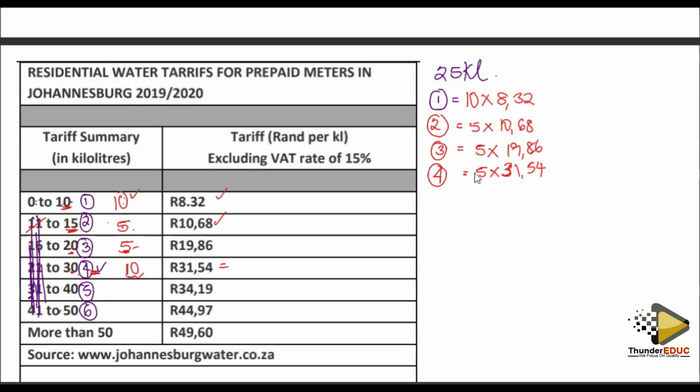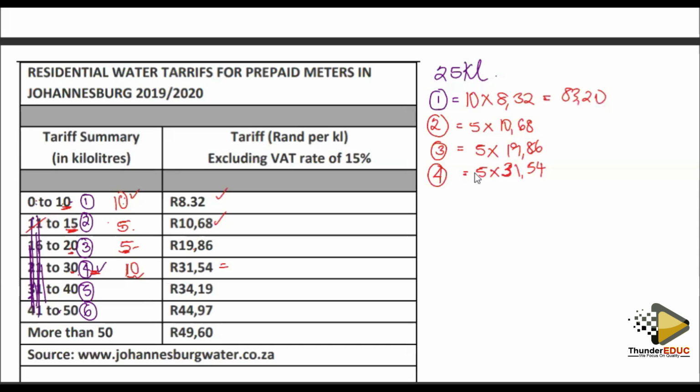All right. We look for the answers for each. This is 83 rands, 20 cents. We multiply 5 times 10,68.